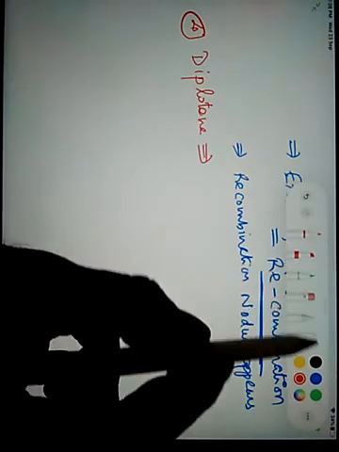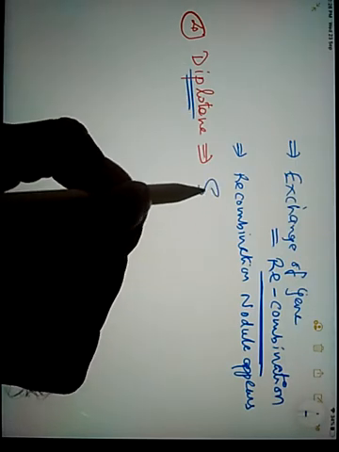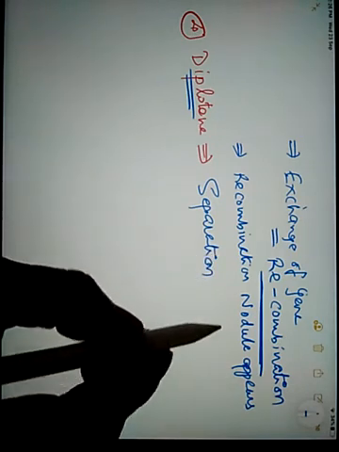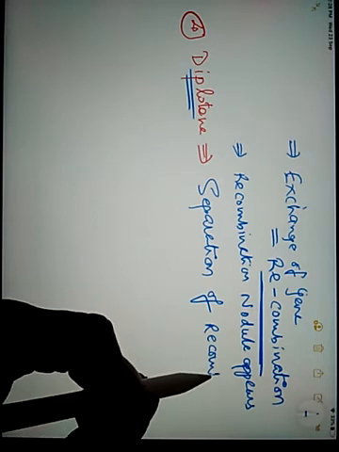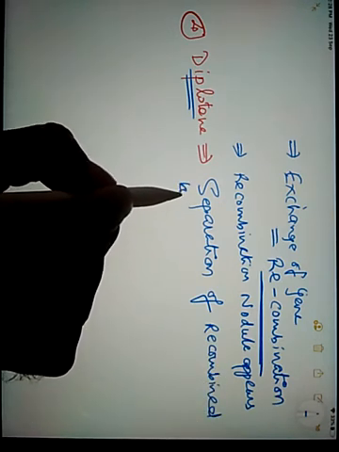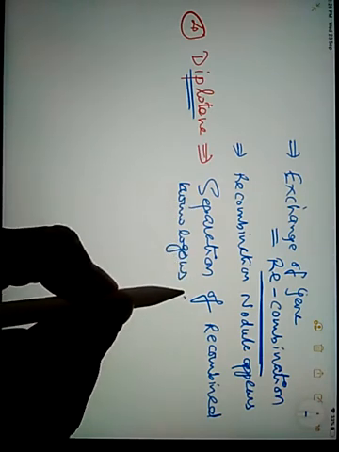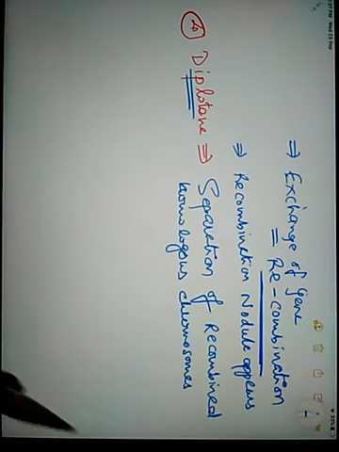If you see the name, Diplo, that is two. So it is separation. Meaning is separation of recombined homologous chromosomes. It is the separation of recombined homologous chromosomes.